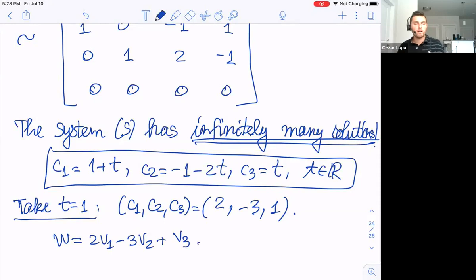So this is just an example of a linear combination. But you can also take t equals 100. You have another linear combination. And in this way, you can exhibit infinitely many linear combinations of vectors.